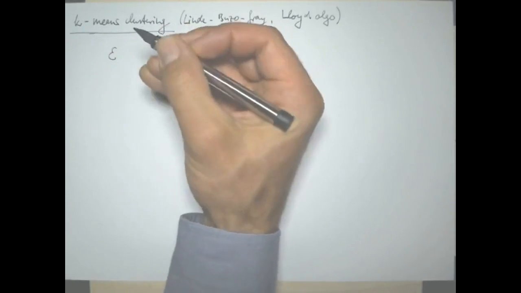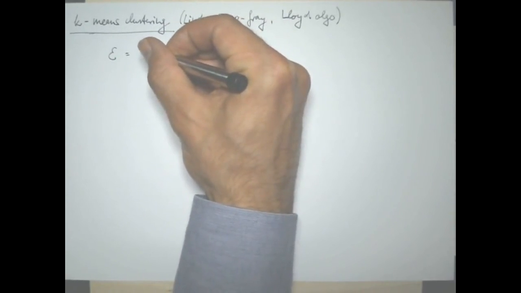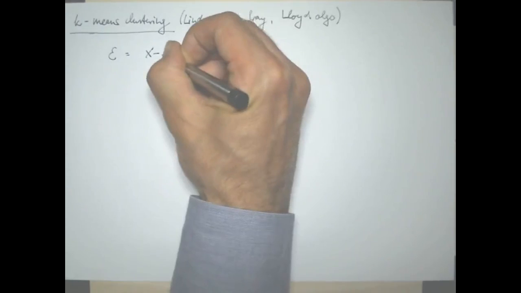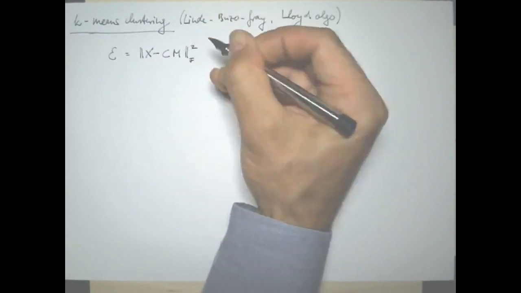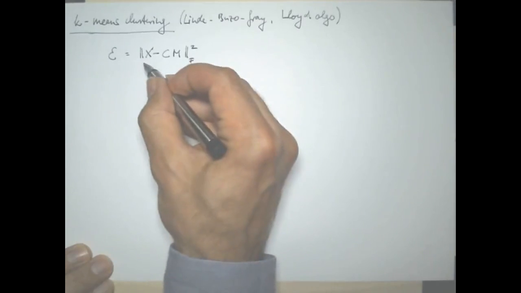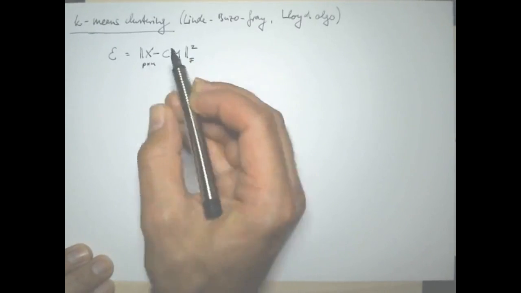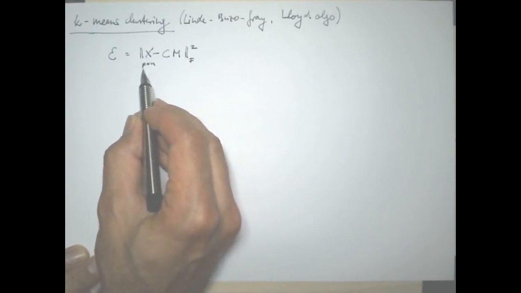We have an error, it's given by that, where X is our original data matrix. So this is our P by N matrix, where we have N objects, each characterized by P features.